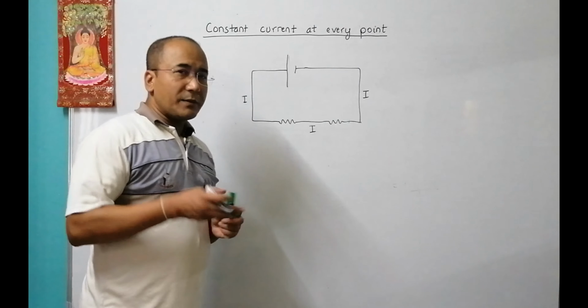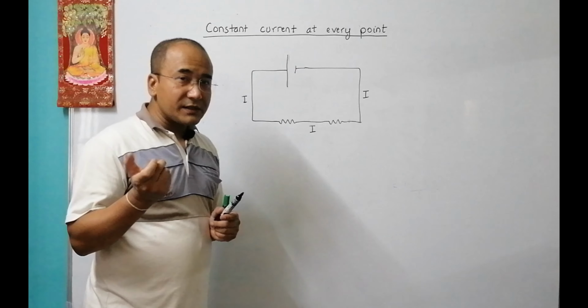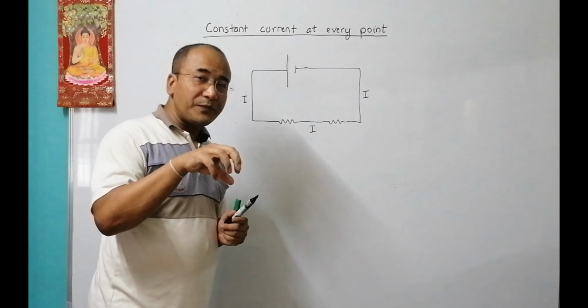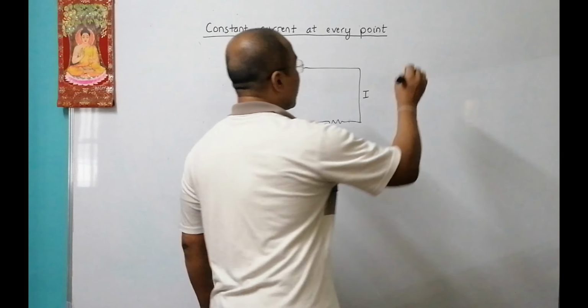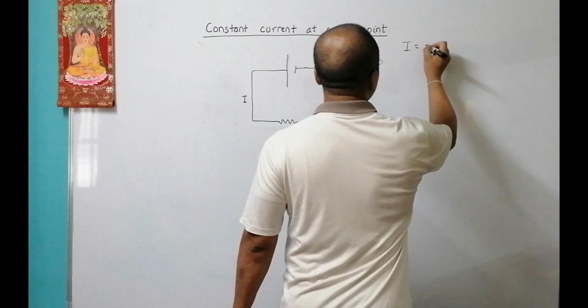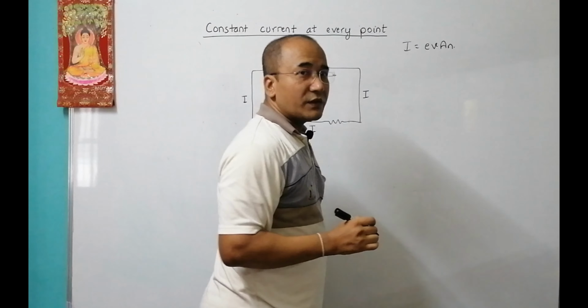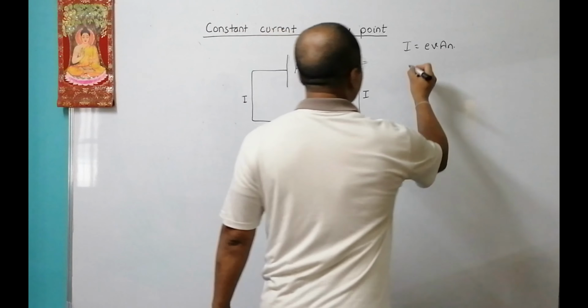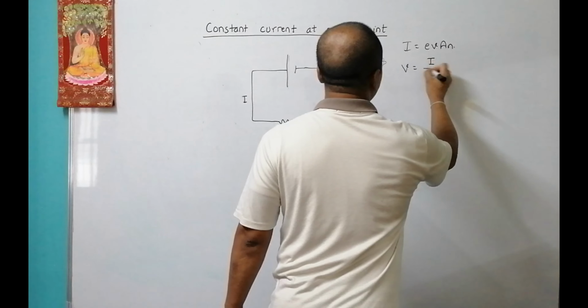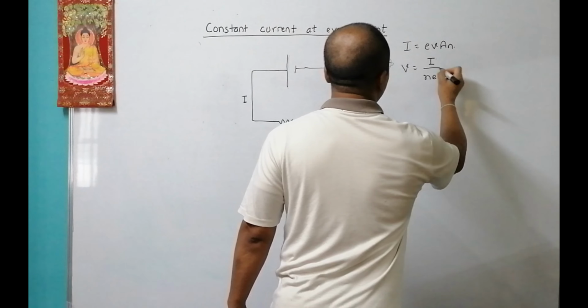Here they are carried by particles, and it depends on the number of charge bearing particles, as is evident from the formula I equals nevA, which leads to the formula for drift speed, v equals I by neA.